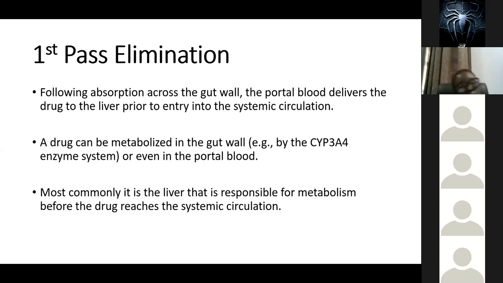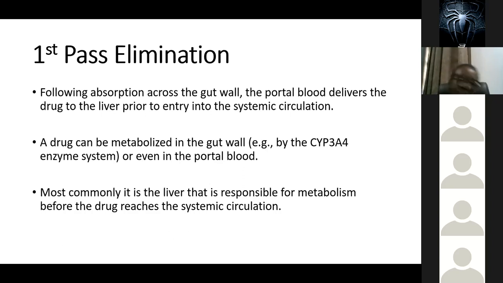Okay, so following absorption across the gut wall, the medication has now been absorbed across the gut wall, and it's in the systemic circulation, it's in the blood. But that blood is the blood in the portal vein. If you remember your anatomy, after digestion, blood goes to the portal vein and then goes to the liver.